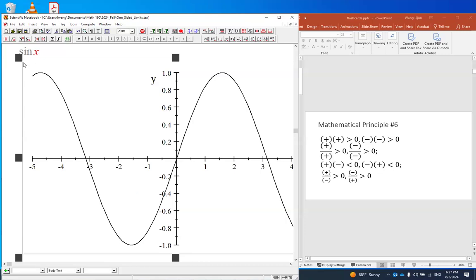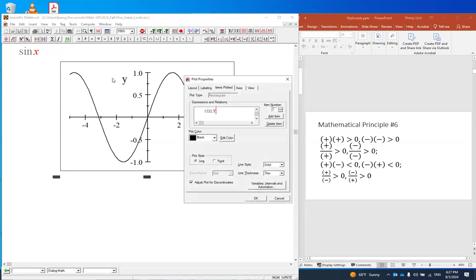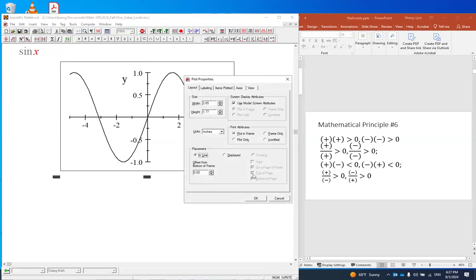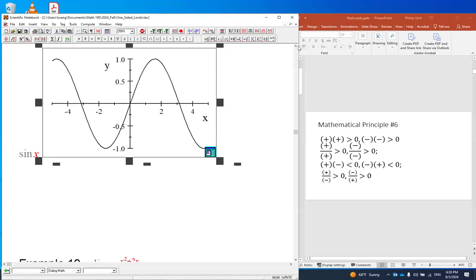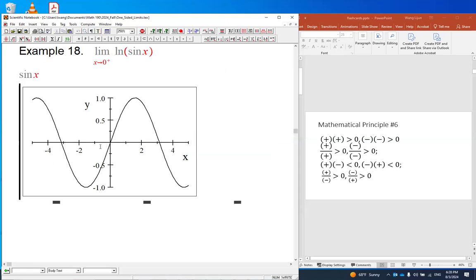Everybody knows the sine curve, but we're interested in the behavior of sine in the neighborhood of 0, and especially on the right side. So we're only interested in this side, not the other side. So here's a sine curve.